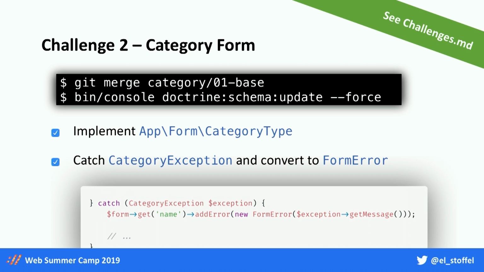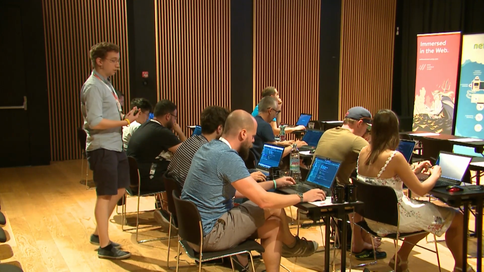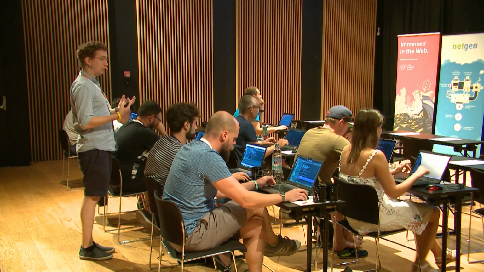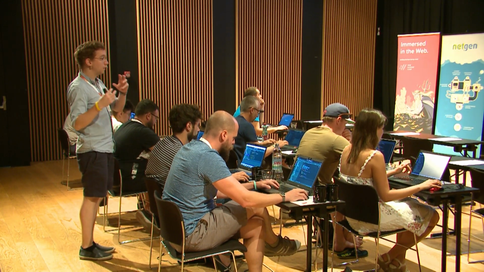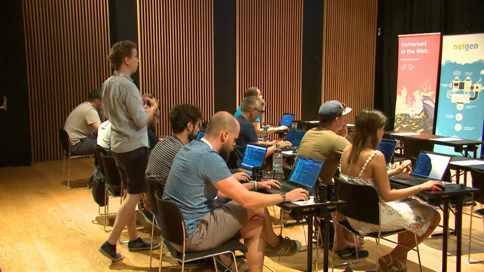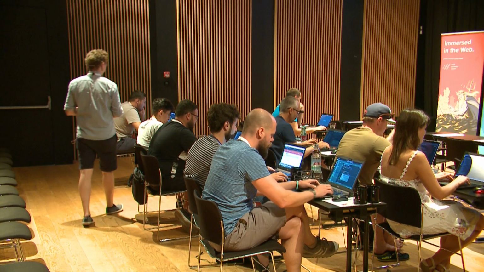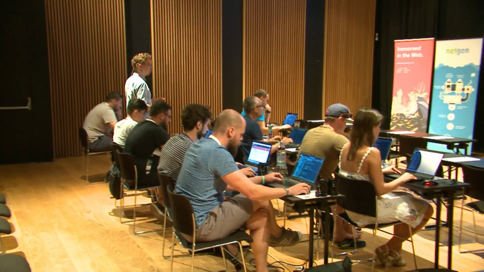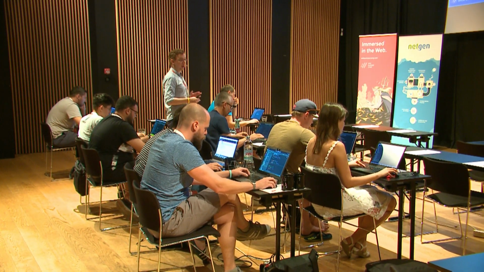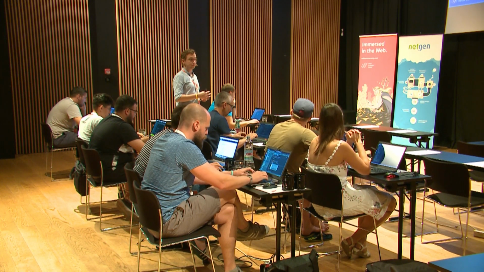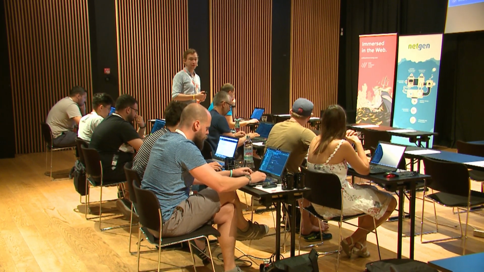While implementing the data mapper, we just have to take care about the name right now. So we have to get the name from the object and write to the field name, or get the form data from the field name and write into the category method rename.